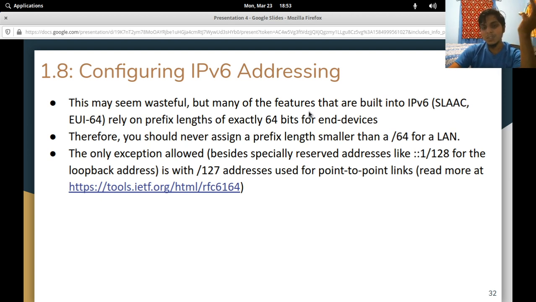So you should never assign a prefix length smaller than a /64 for a LAN. The only exception allowed, besides the specially reserved addresses like ::1/128 for the loopback address, is with /127 addresses used for point-to-point links, which is in this RFC.